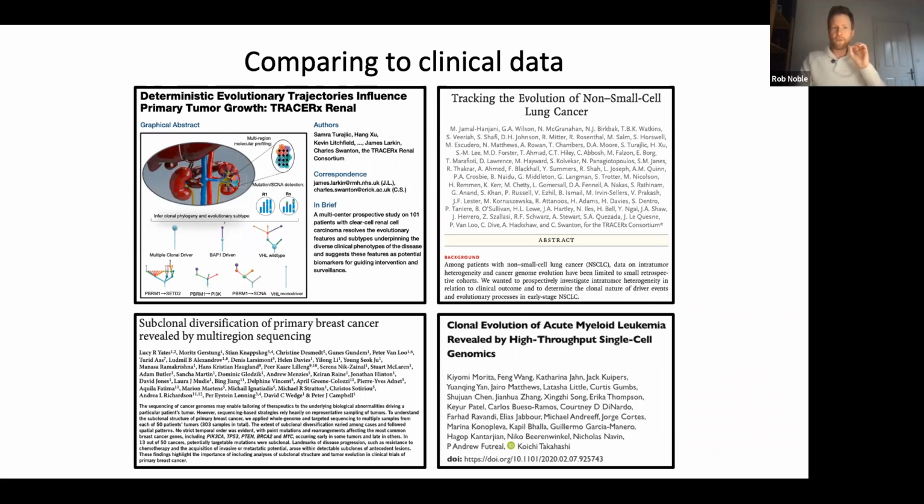What I did was I just assigned a distribution of fitness effects, which is just an exponential distribution, and I assigned a mean, an expected value, and then every time a driver mutation occurs, I draw the effect of the mutation from that distribution. So these driver mutations aren't particular ones.